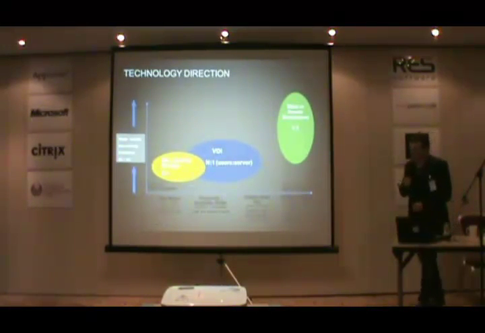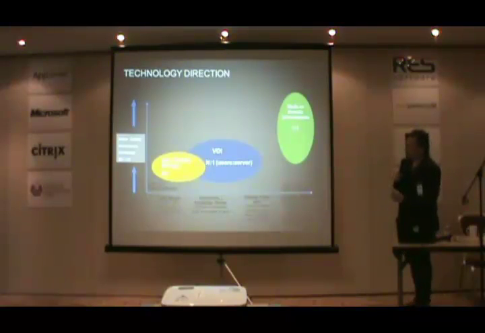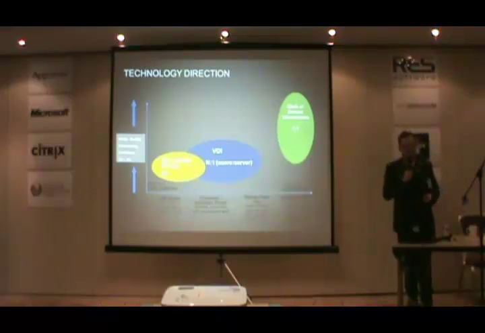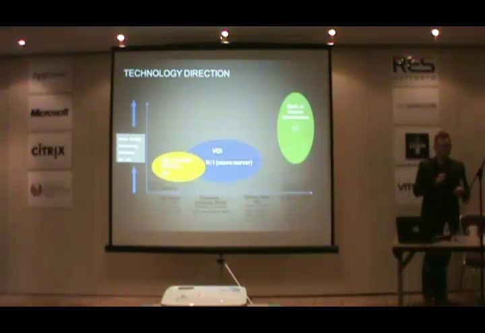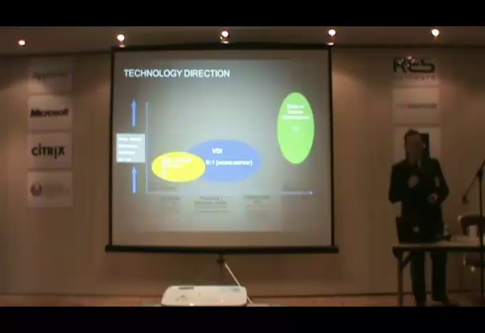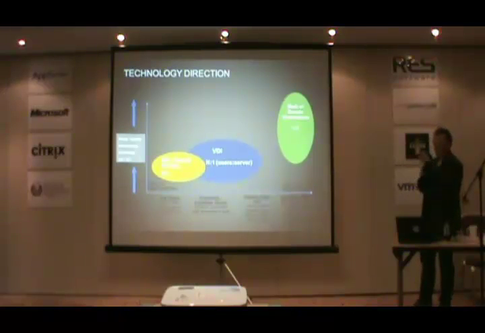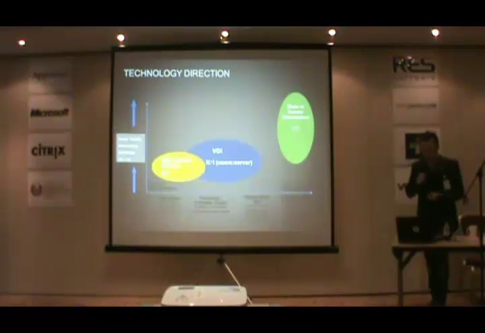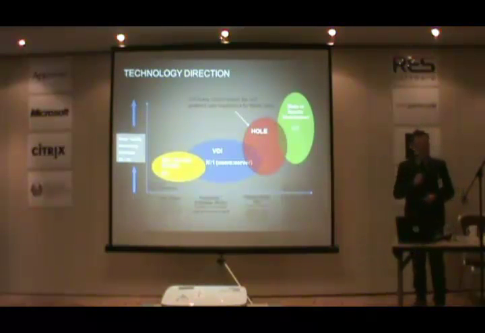As you can see, we have a gap, because there are desktop users who require more and more graphics, and we also have the engineers who require high performance graphics, and for that the solution is what I mentioned before: remote workstations. So there's a hole between these, and how do you solve that?